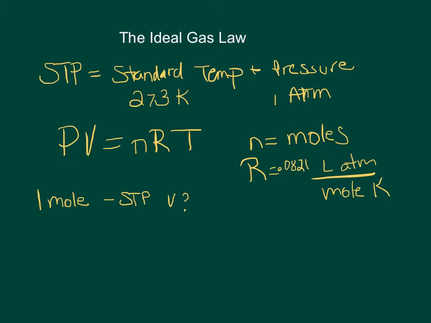Well, first, let's go ahead and solve for V. So, if I use my algebra skills, PV equals nRT. If I divide by P, I'll have V by itself. So from here, all I need to do is plug in what numbers I need.